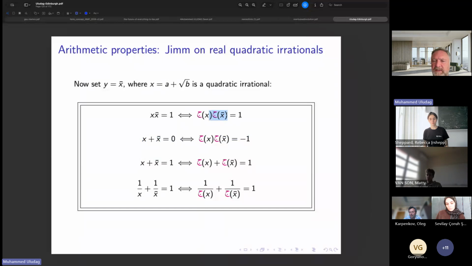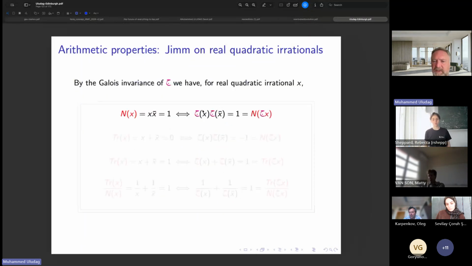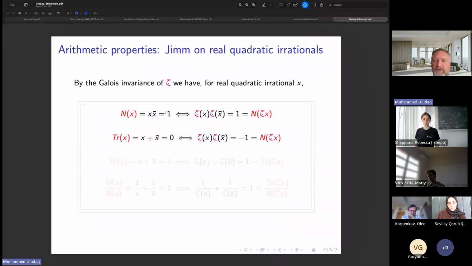But since we have the commutation with the Galois action, we can put the bar on Jimm of x out of the parenthesis, and this number x times x bar equals the norm of x in number theory, and x plus x bar is called the trace. So these equations become: norm of x equals 1 if and only if norm of Jimm of x equals 1.